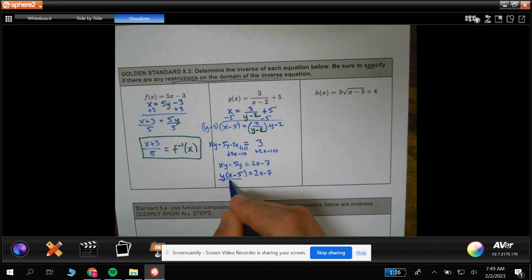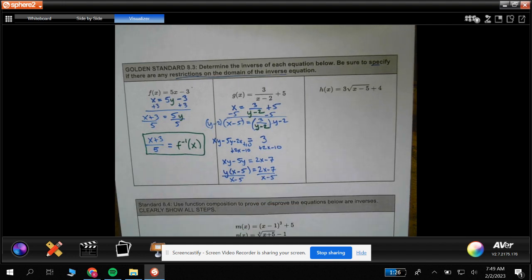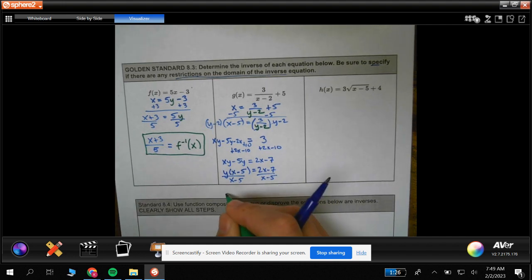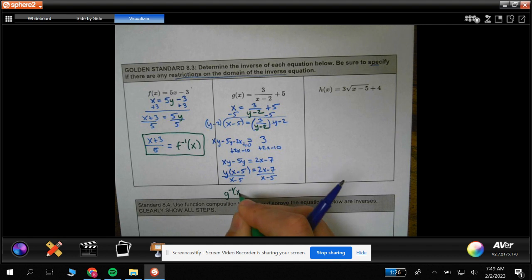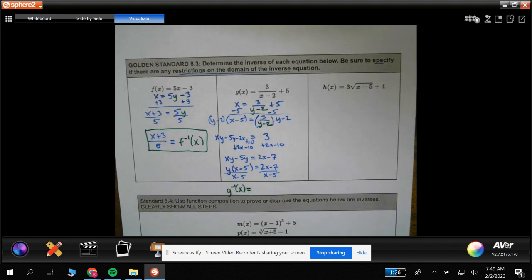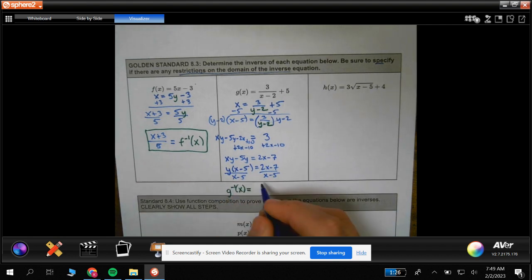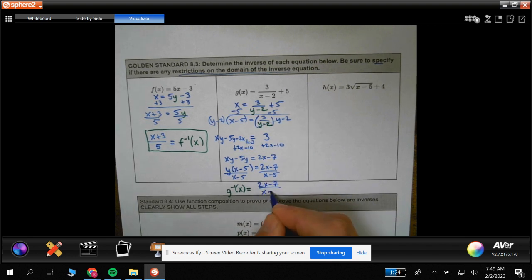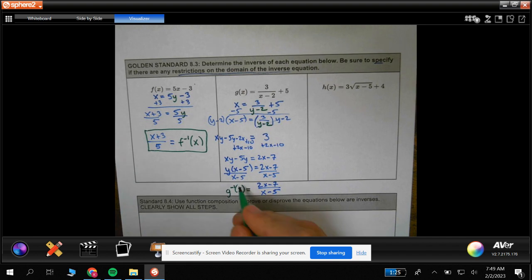Get y by itself, divide by x minus 5. I'm going to find that my final answer, inverse g of x, equals 2x minus 7 over x minus 5. Okay, great. I should box that one right there.